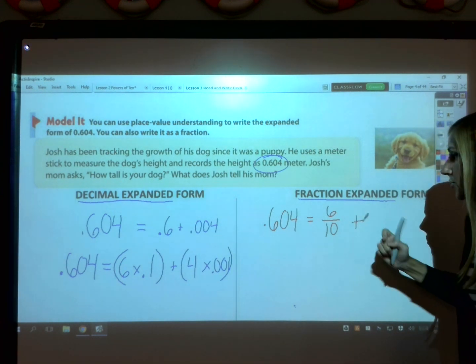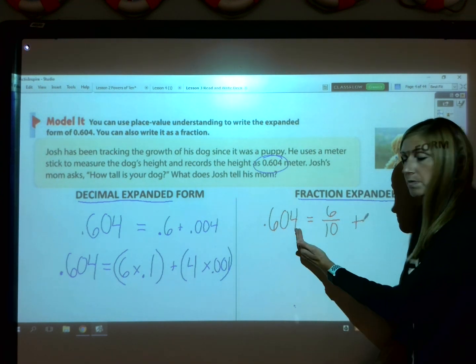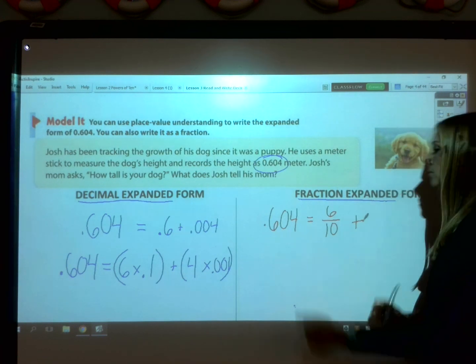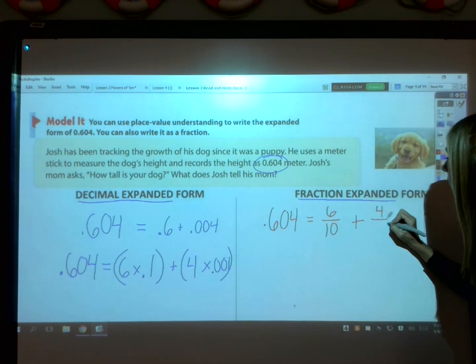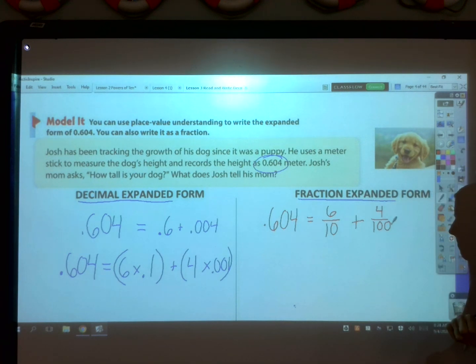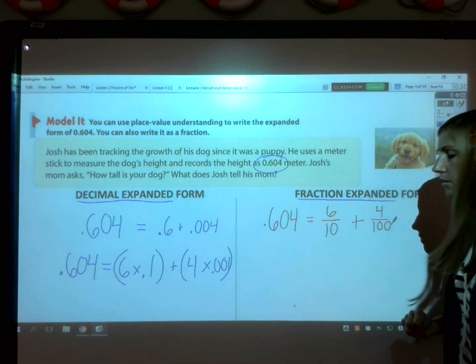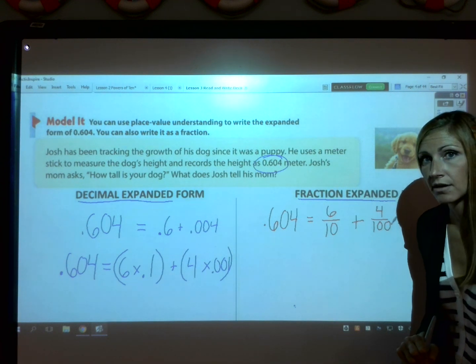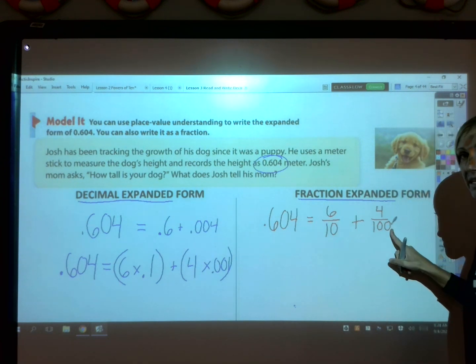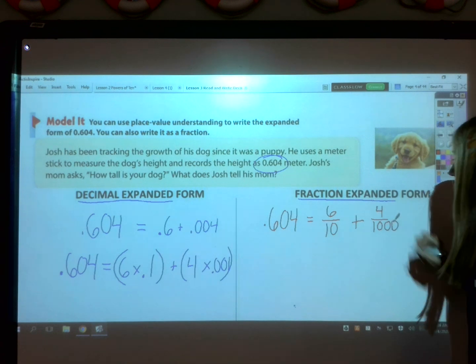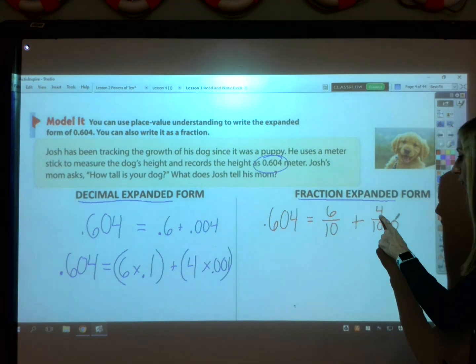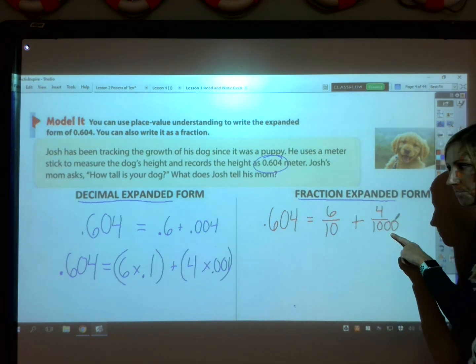And we would add that to our next value, and that would be 4 hundredths. So we put 4 over 100. Oh, it's not 100, is it? It's 4 what? Thousandths. So I need to put another 0 here to show that 4 is in the thousandths spot.